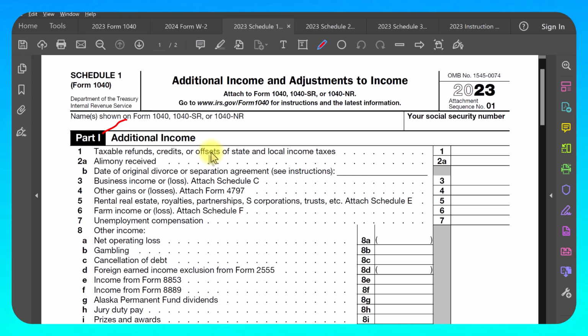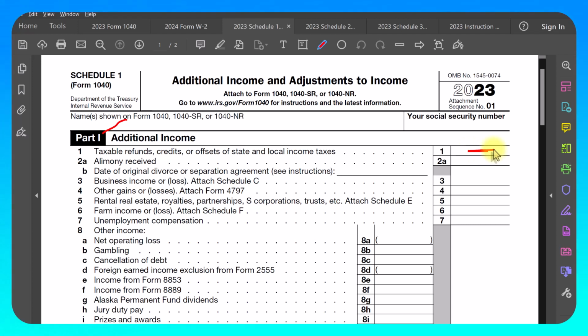So you're going to enter the amount of the refund here only if in the previous year, in this case 2022, you had claimed itemized deductions and deducted state taxes on your tax return. But now, because you paid too much state tax, in the following year, 2023, you received a refund documented by that 1099-G form. Now you're going to report that refund here.